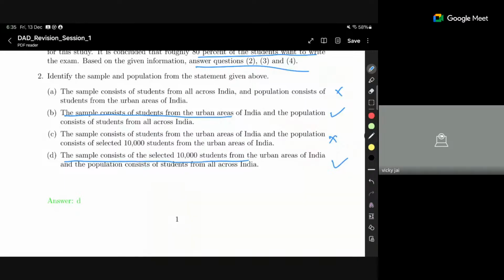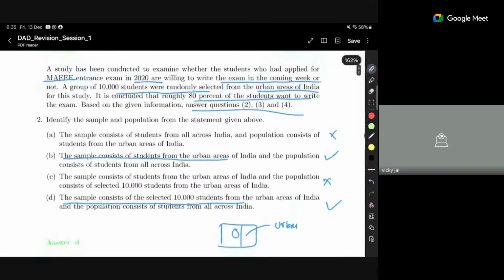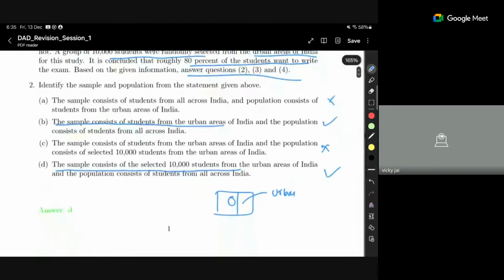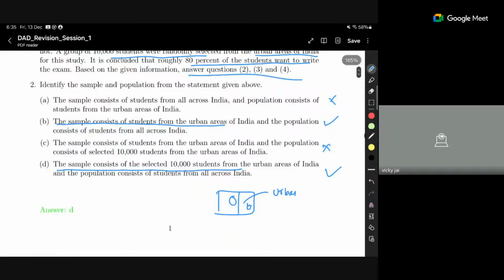So this is more correct. We tried to collect from the urban areas, but we didn't collect all of the urban students. That is not the whole set. We did collect a sample of that, but we collected 10,000 only, right? So that's why this is also incorrect, right?